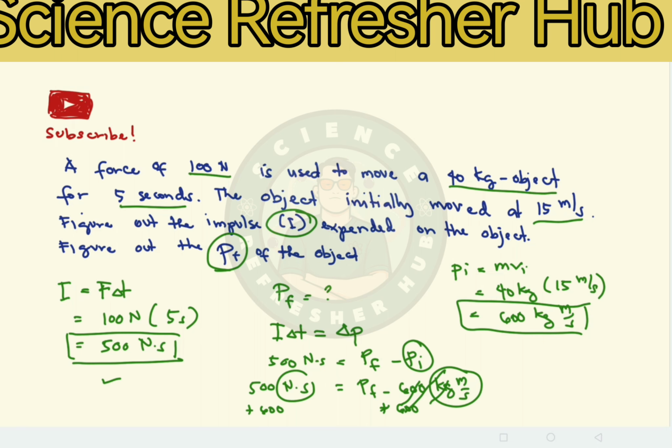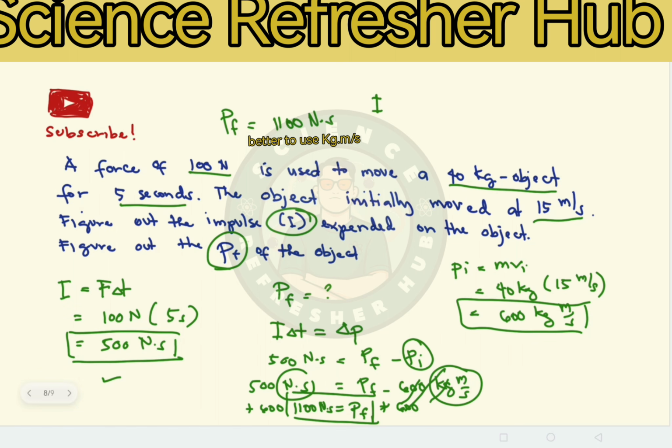So it will be cancelled, leaving the final momentum. 500 plus 600 is 1,100 newton seconds. Our final momentum is 1,100 kilogram meters per second.